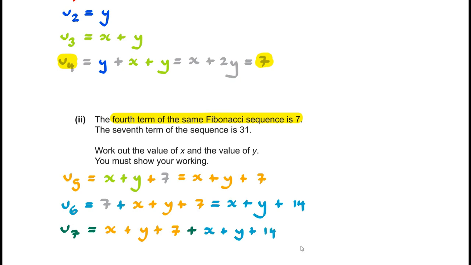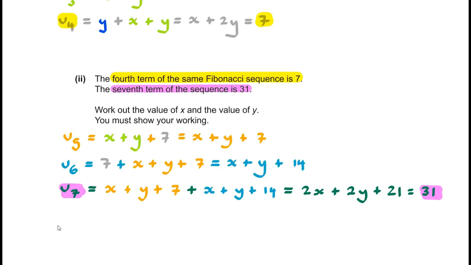So it turns out the seventh term is 2x plus 2y plus 21. And we are told that the seventh term of the sequence is 31.